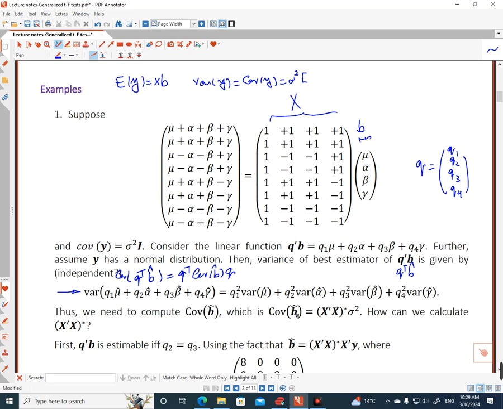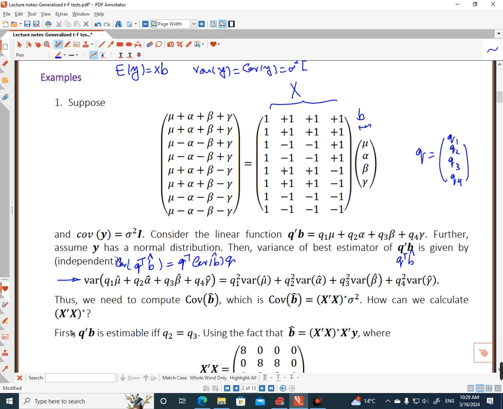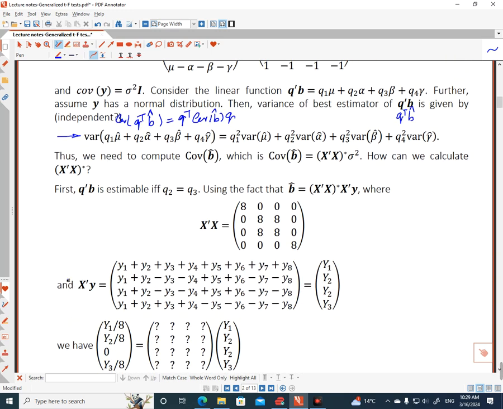But for the covariance of b hat, you know that it's x prime x generalized inverse sigma square. Now the question is how we can calculate the generalized inverse of x prime x. First of all, we know that q prime b is estimable if q2 is equal to q3.